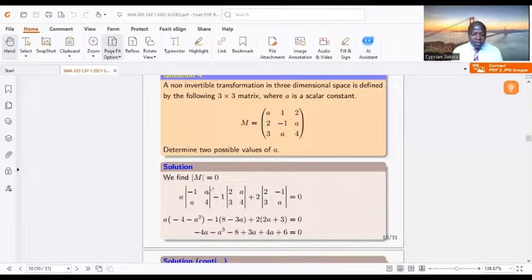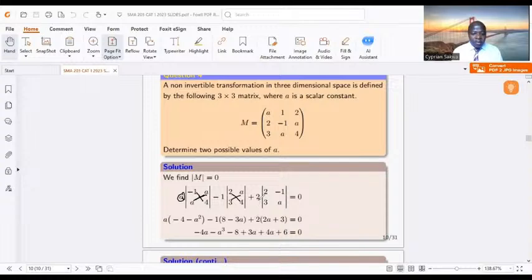This would be -4 minus, so we multiply this diagonal minus the product of this other diagonal. The product of this diagonal is -4, and the product of this other diagonal is A squared. So -4 minus A squared, multiplied by this element. And then minus 1, this product is 8 minus 3a. That's what we have here.